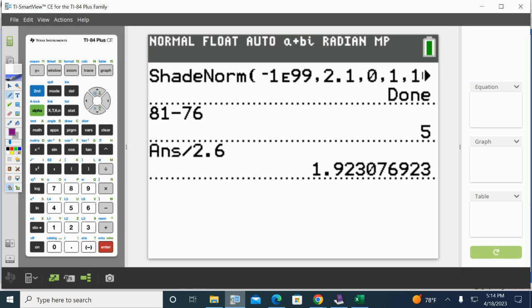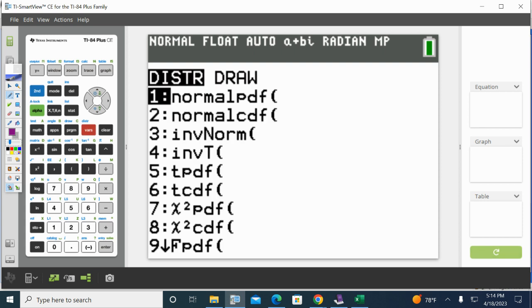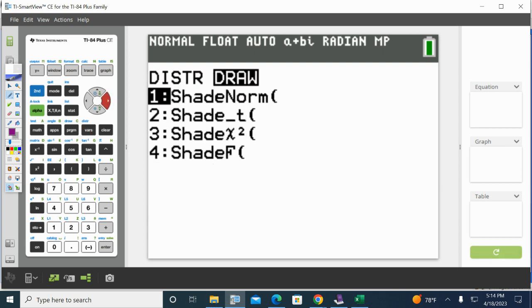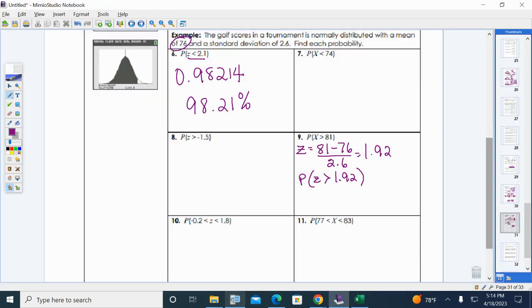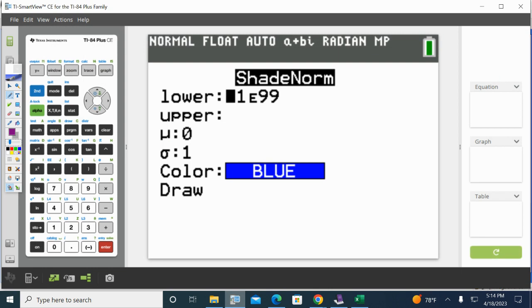Back to the calculator. Second vars, arrow over to draw, enter. Our lower boundary needs to be 1.92. My upper boundary is positive infinity, so 1 times 10 to the 99th power. Again, leaving the mean and the standard deviation alone.